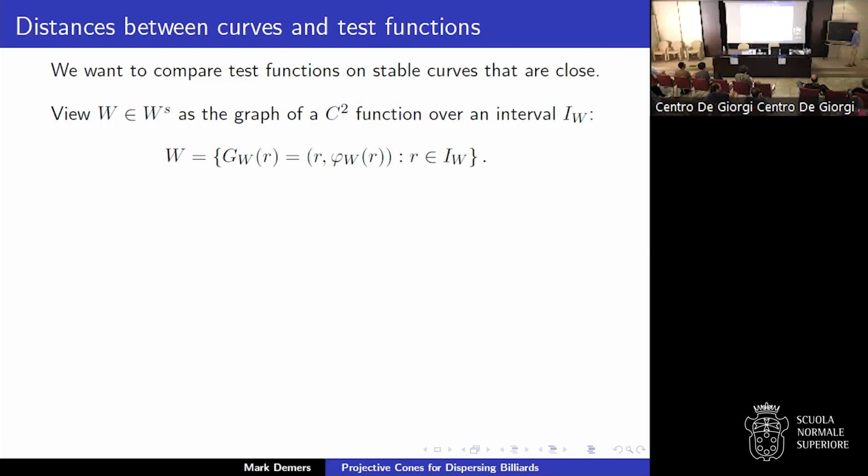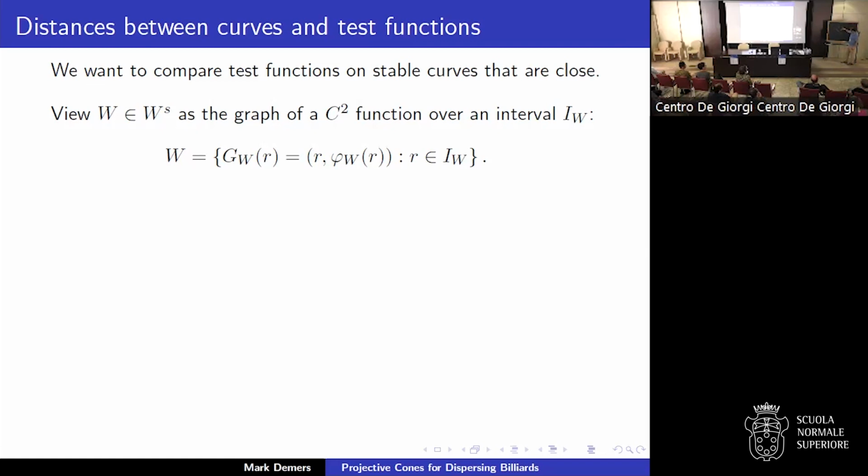And then you'd like to compare them because, for a hyperbolic map, you would expect that the action of the dynamics should be smooth in the unstable direction. Here, the unstable direction is going to have positive slope. So transverse to these stable curves, you have some regularity for the map.